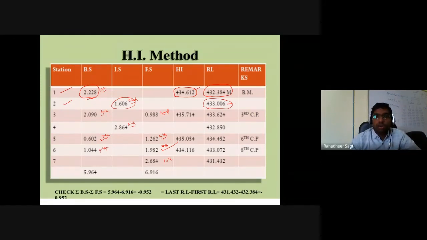How do I calculate? Once again, height of the instrument minus the staff reading at that third point: 434.612 minus 0.988 is going to give you the RL value of your point C.